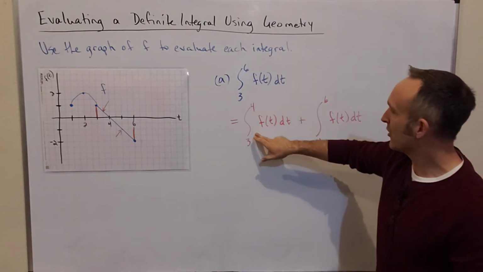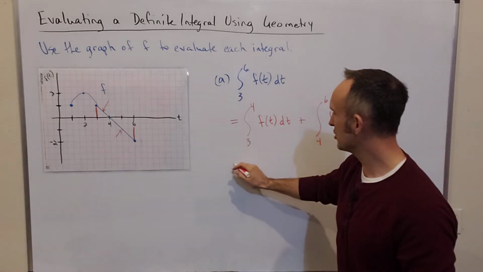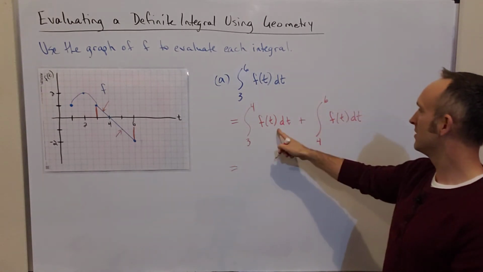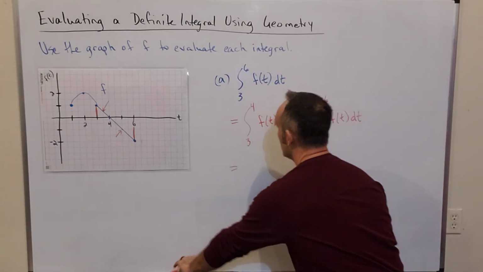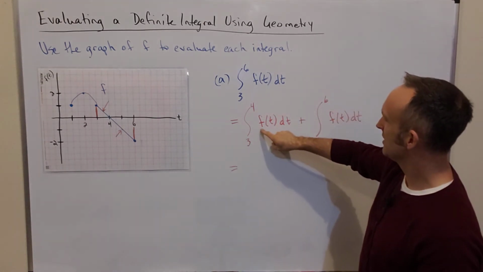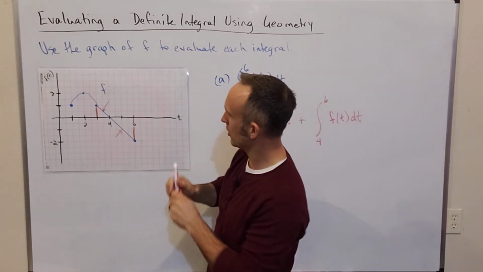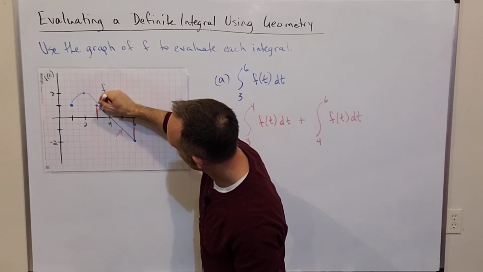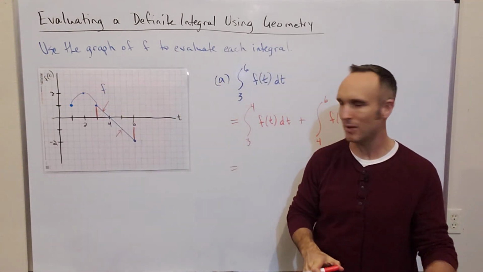Now that I've got my two integrals split apart, my two regions separated, I just need each of them figured out and added together. So let's come back to the graph of the function and see if we can figure out the integral from 3 to 4. Well, the integral from 3 to 4 is just the area of this triangle, which we can figure using geometry.